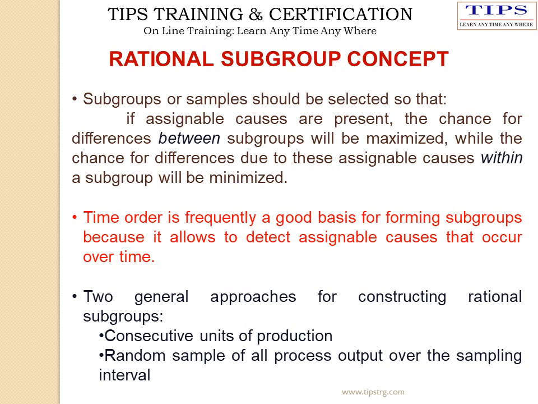Time order is frequently a good basis for forming the subgroups because it allows us to detect the assignable causes that occur over a time. Two general approaches for constructing the rational groups: consecutive units of production should be there, and a random sample of all process output over the sampling interval should be selected.